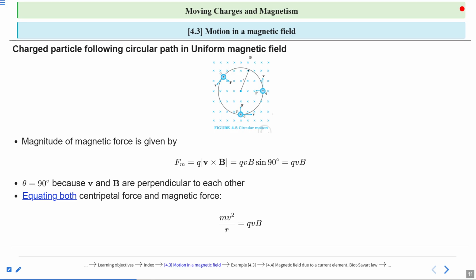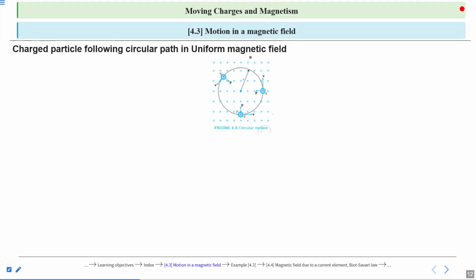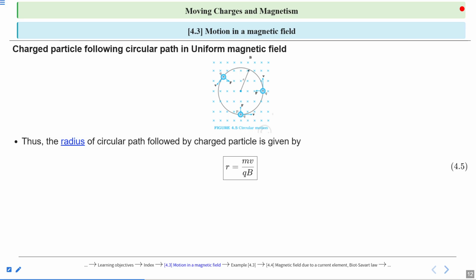The radius of the circular path followed by the charged particle is given by r equal to mv by qB. Mark it as equation 4.5.